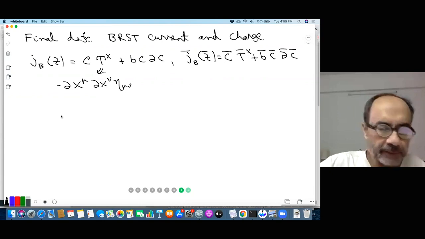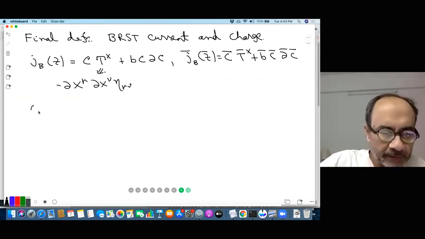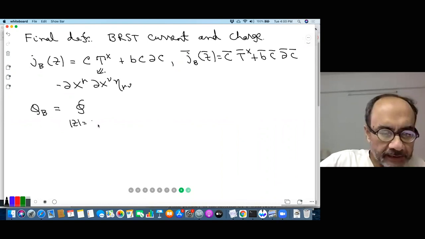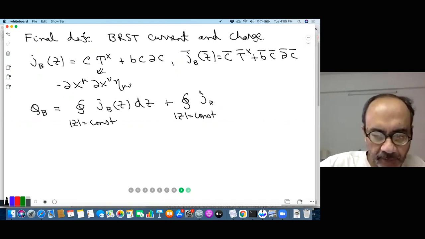Okay, so these are definitions of the BRST current, and with this you can now define the BRST charge Q_B as the integral over mod z equal to constant of j_B of z dz plus the integral over mod z equal to constant of j_B bar of z bar dz bar.